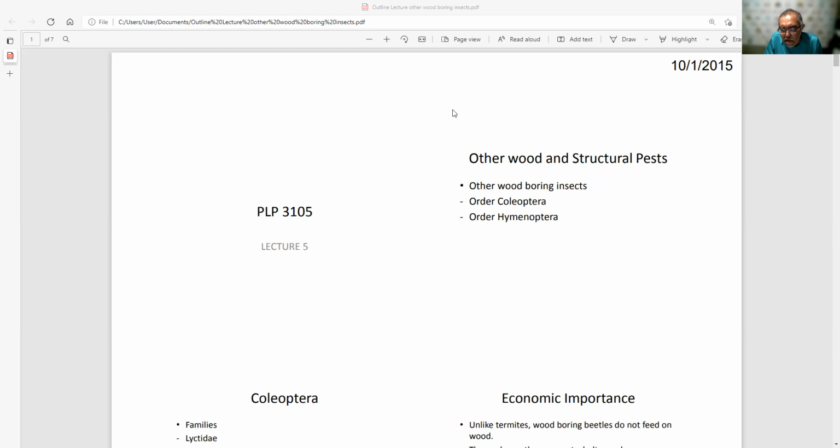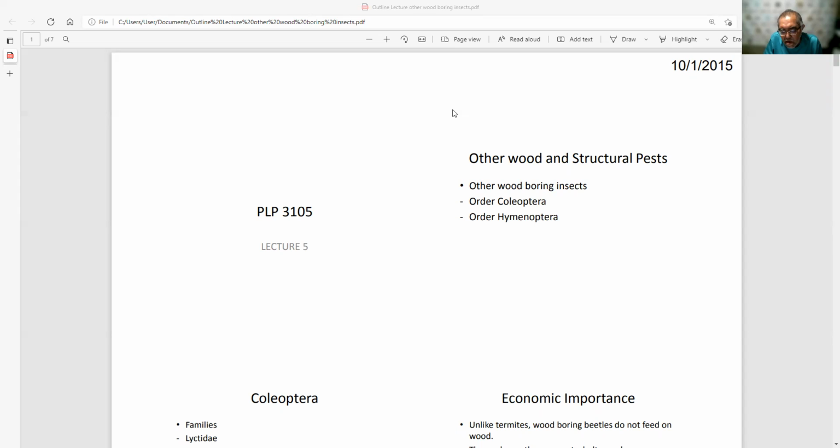Just to remind the class, so that we have certain guiding principles. When we refer to order, it always ends with the letter A. So Coleoptera, Hymenoptera, Lepidoptera. So whenever you come across such a name whereby the spelling ends with an A, that indicates an order.